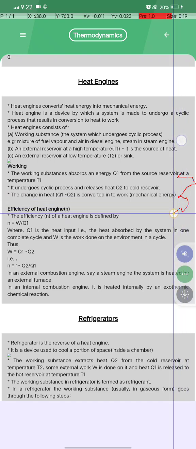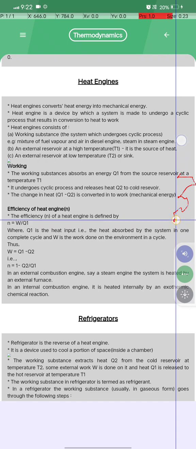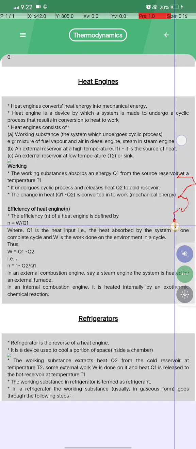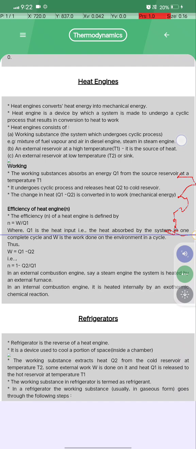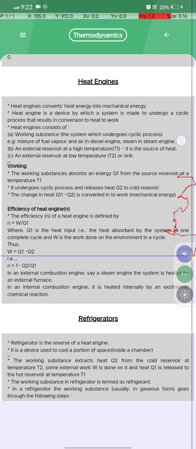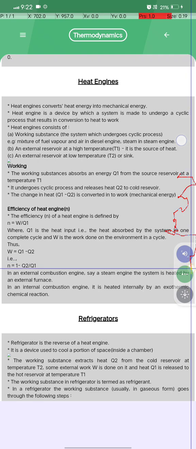The efficiency N of a heat engine is defined by N is equal to W by Q1, where Q1 is the heat input, that is, the heat absorbed by the system in one complete cycle, and W is the work done on the environment in a cycle.